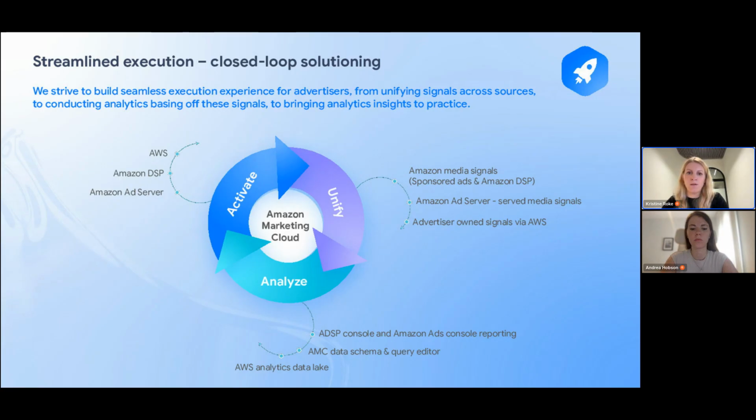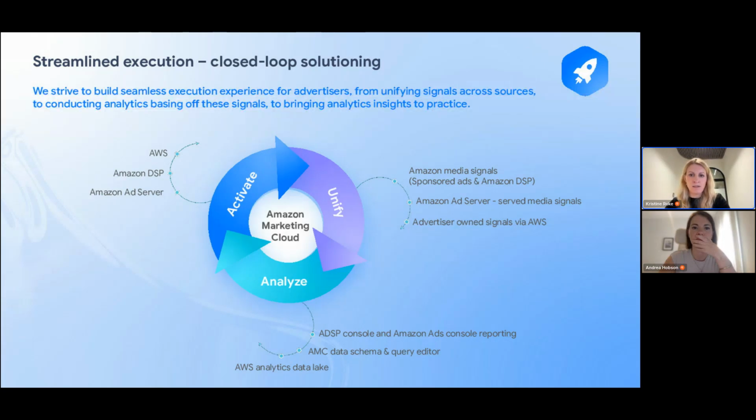And then we proceed to analysis in the AMC using the template analytics or the queries. And finally, we can activate insights in the DSP or other platforms as well. So it's a continuous cycle of learning, optimizing, unifying, analyzing, and activating.